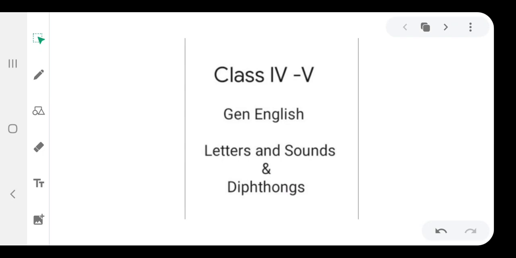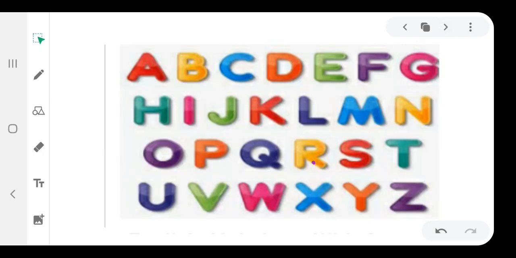Let's start. The English alphabet consists of 26 letters.